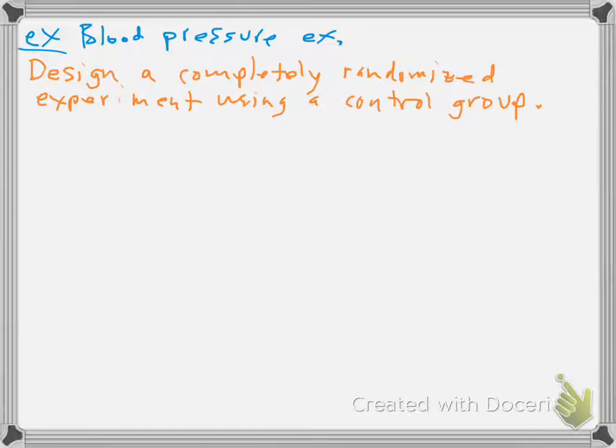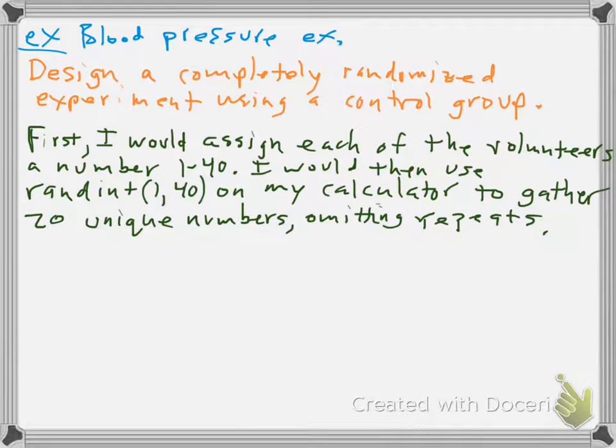So let's try to actually design a good, completely randomized experiment for this particular situation here. We're going to use 2 groups, 2 treatments, one being a control group. So the first thing you want to do is randomly assign your subjects into treatment groups.